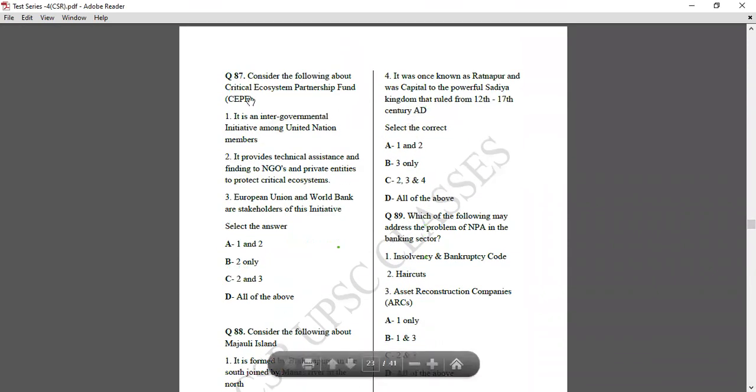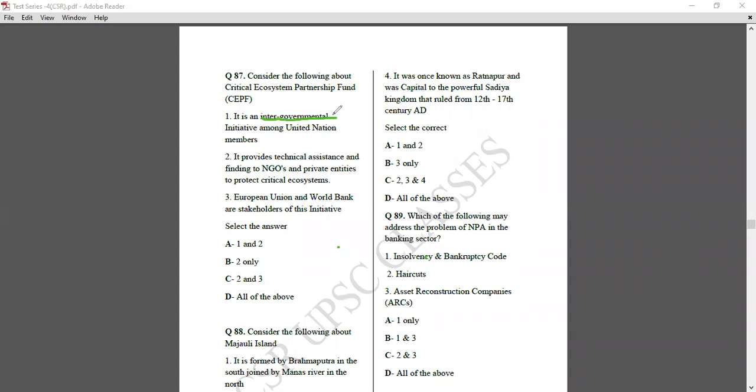Consider the following about the Critical Ecosystem Partnership Fund, CEPF. Now CEPF was in the news, and it's in the news now also. We need to know whether it's an intergovernmental organization or an association. The option says it is an intergovernmental initiative among United Nations members. See, first of all, CEPF is not an intergovernmental initiative.